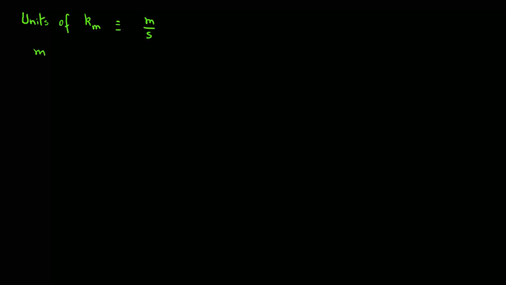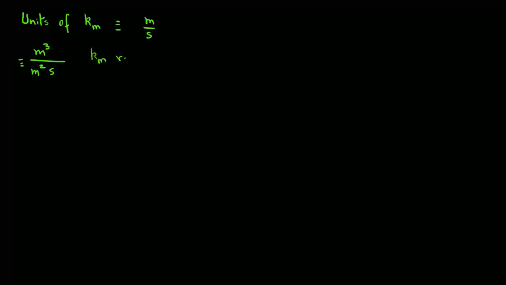We can get a better understanding of the mass transfer coefficient from its units, as we noted that the units are meter per second. We can also multiply both the numerator and denominator by square meters, so we have the units expressed as cubic meter divided by meter square per second.